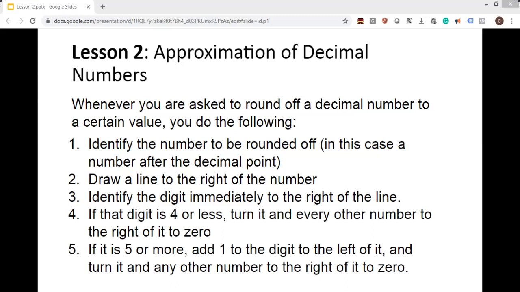If it is 5 or more, add 1 to the digit to the left of it and turn it and any other number to the right of it to 0. So children, if you recall, these are exactly the same set of steps we highlighted when we approximated or rounded off our whole numbers. So the same applies with decimals.